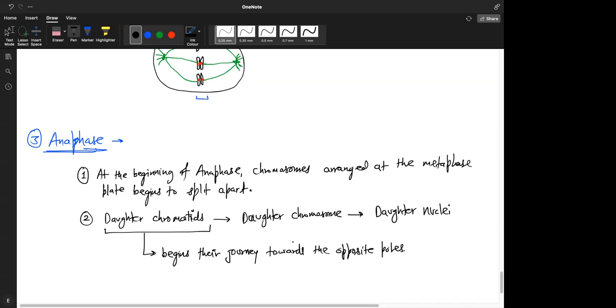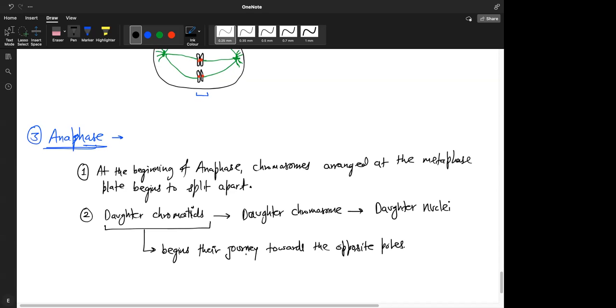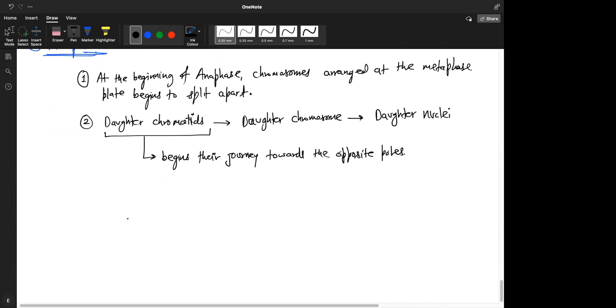This is karyokinesis in action. Understood? Yes or no? And one detailed question that has come in exam is about the arrangement.